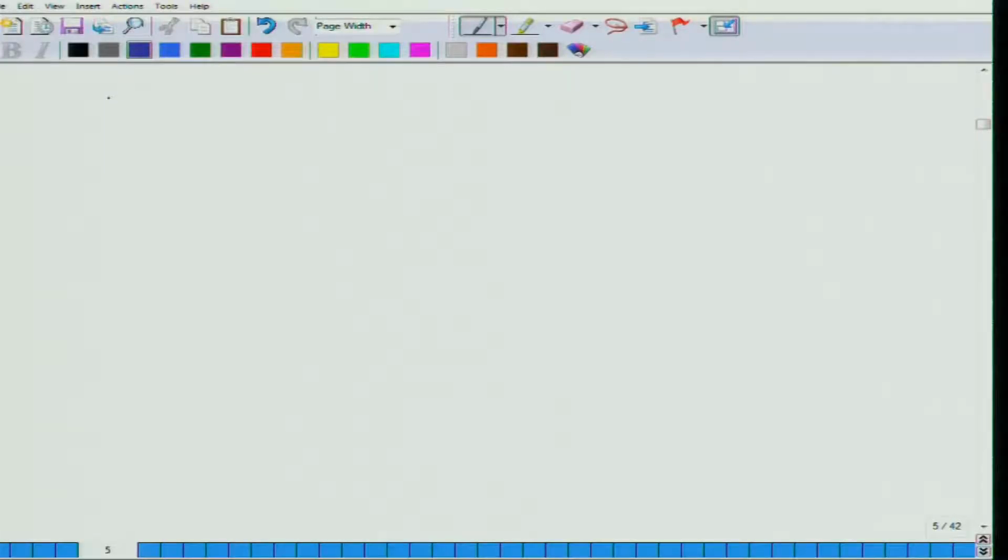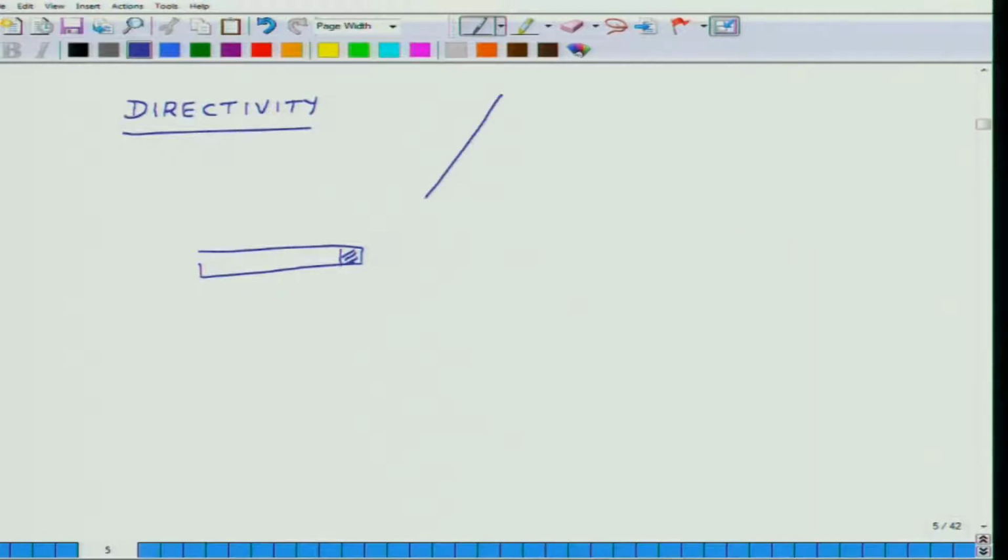What is directivity? Directivity, in the context of microphones. Suppose you have this microphone and the sound can be coming from all sources.